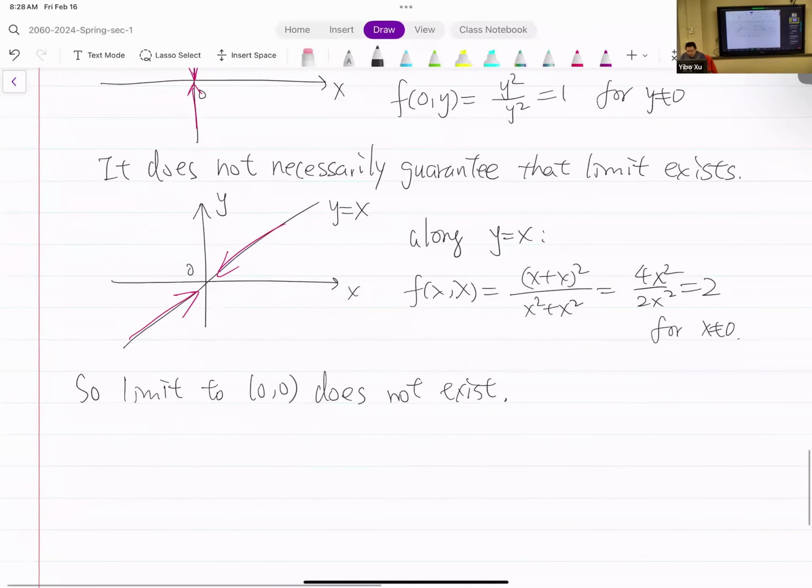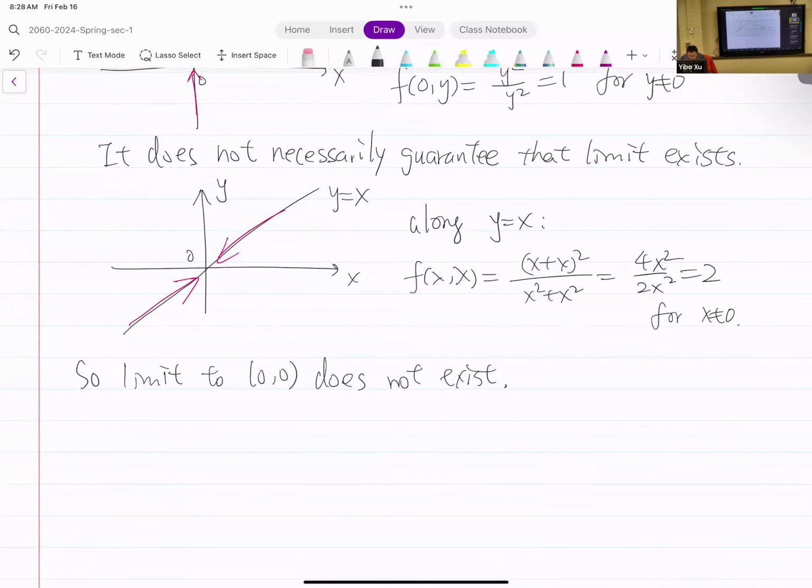And now, in this example, we have seen a slant line y equals x. It's possible that you may see some more complicated fractions, and then you probably have to check more than two directions.